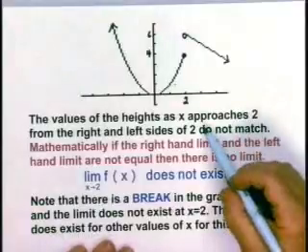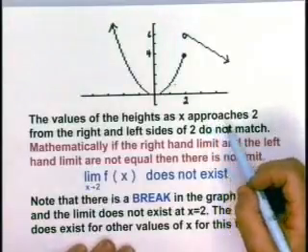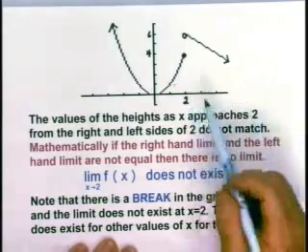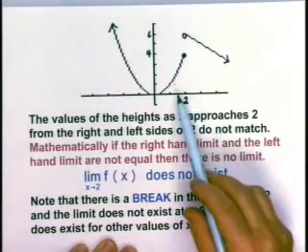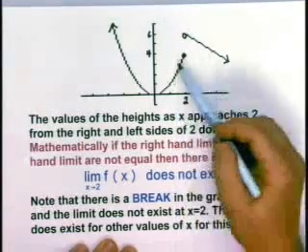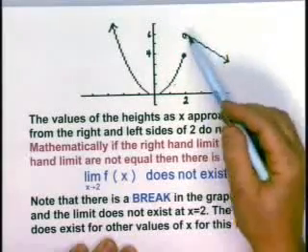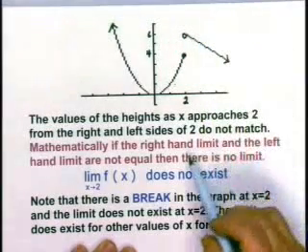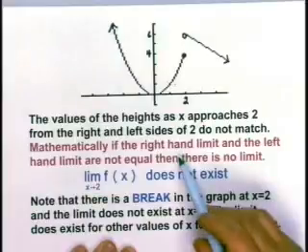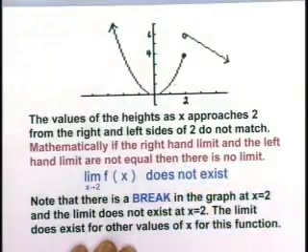The values of the heights as x approaches 2 from the right and the left side of 2 do not match. We had a left-hand limit of 4 and a right-hand limit of 6. Mathematically, if the right-hand limit and the left-hand limit are not equal, then there is no limit.